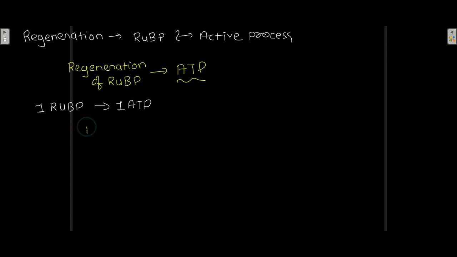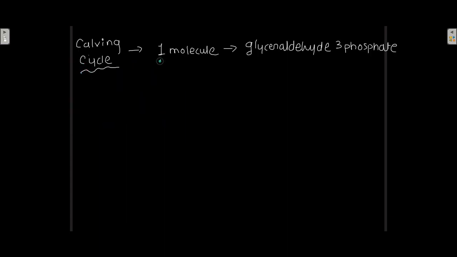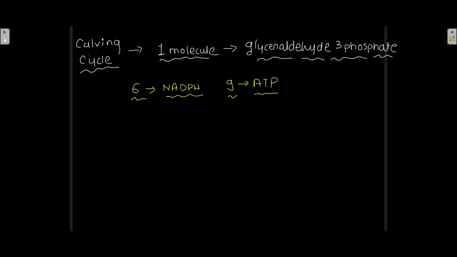So we regenerate 3 molecules of RuBP, which means that 3 ATP molecules are utilized in the Calvin cycle to regenerate the 3 RuBP molecules. When in the Calvin cycle one molecule of glyceraldehyde 3 phosphate is synthesized, then in the process 6 NADPH and 9 ATP molecules are utilized.